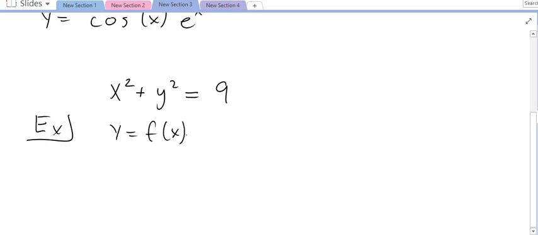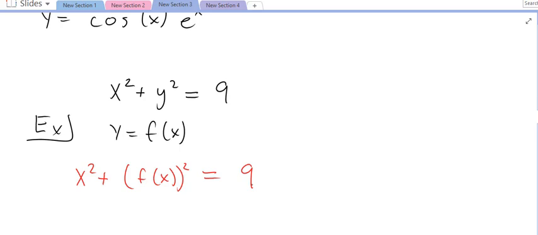I'm just using this as a placeholder and to remind myself what is happening here. In some ways, this is not technically correct, but it is almost a mnemonic device for helping me get through this derivative. So I'm going to write this as x squared plus f of x quantity squared. From here, I want to take the derivative of both sides with respect to x.